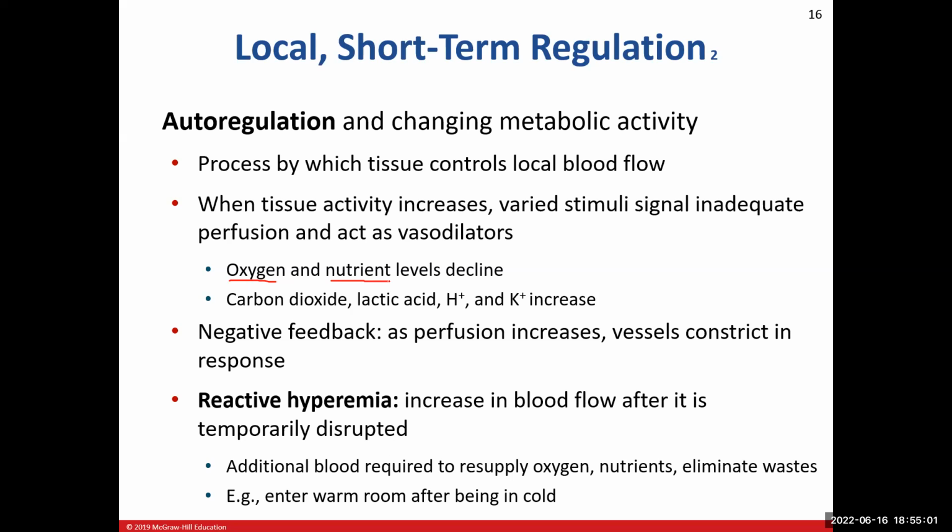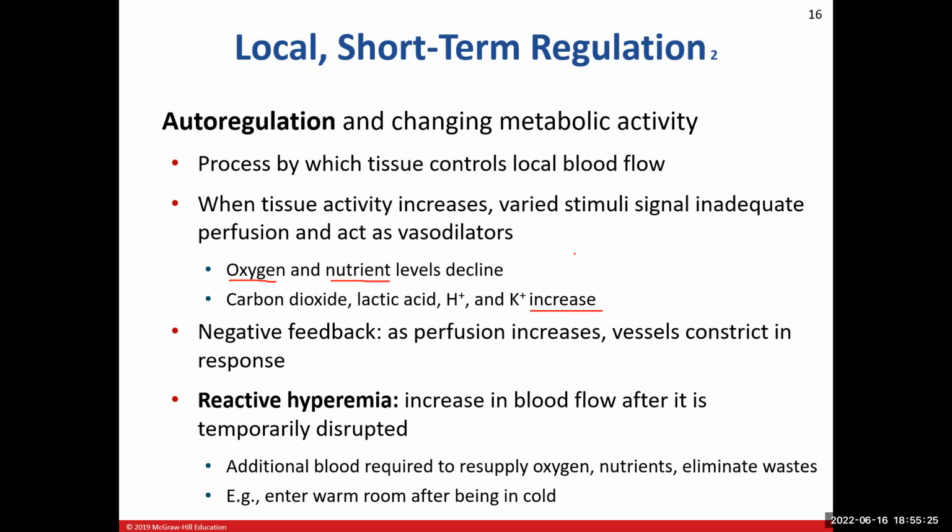Hydrogen, we'll also talk about potassium much more in the renal system when we get into the urinary tract. And what we'll see is, with an increase of these waste products, that means that tissue is pretty active, so we have to have vasodilation.